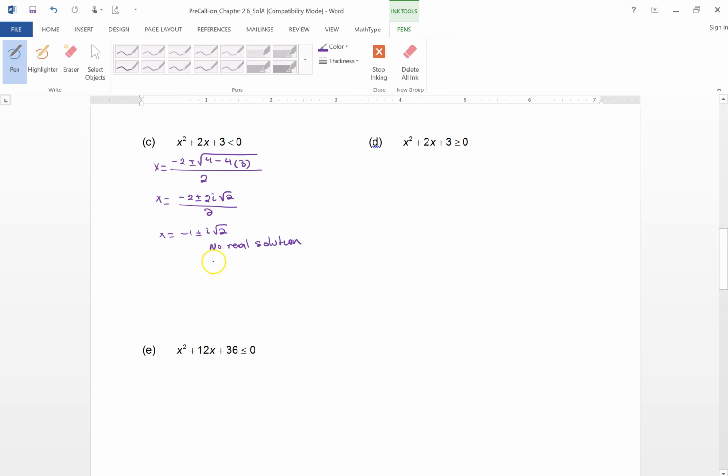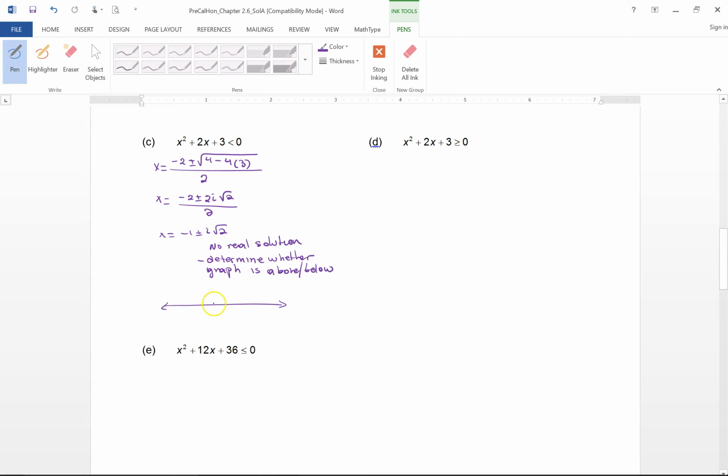So we need to determine whether the graph is above or below the x-axis. Well, what we're going to do is just put a random generic number line. And now let's just try to look at this.